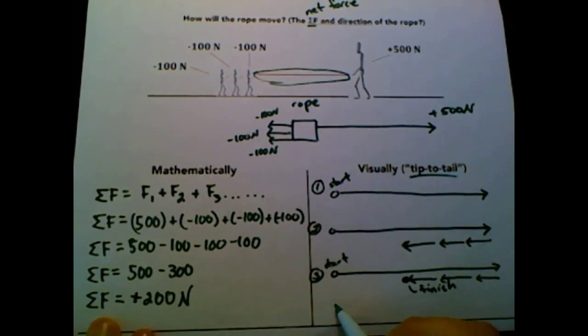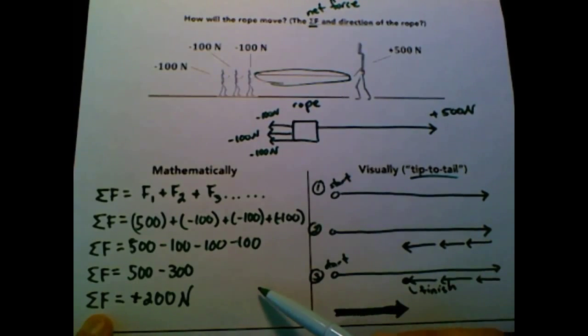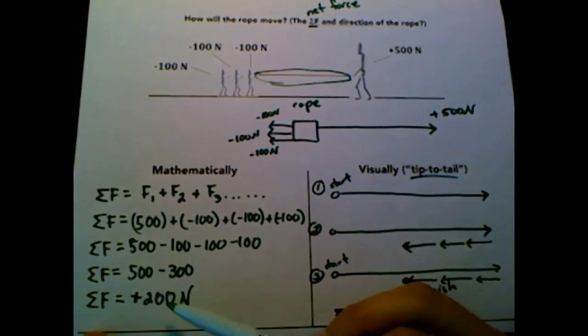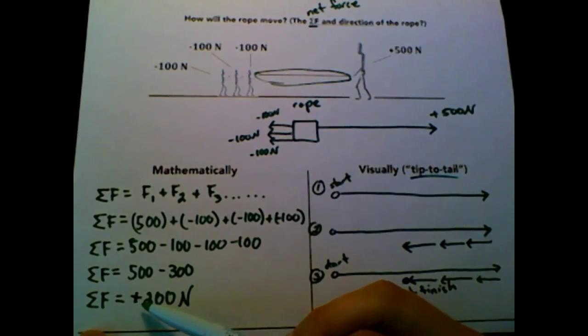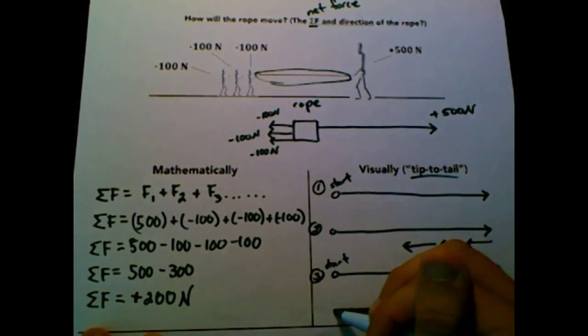We start at the start and draw an arrow. I'm going to draw this one a little bit bigger to highlight that this is the resultant, and draw it to where we finish. Sometimes your finish might be over here, and that would mean our object is experiencing a net force going to the left. But this agrees with our mathematical answer that we have a net force going to the right, and that's what the tip to tail method shows us here.